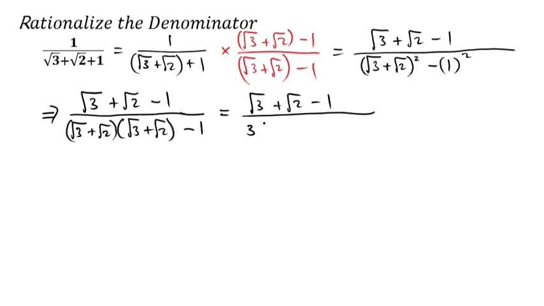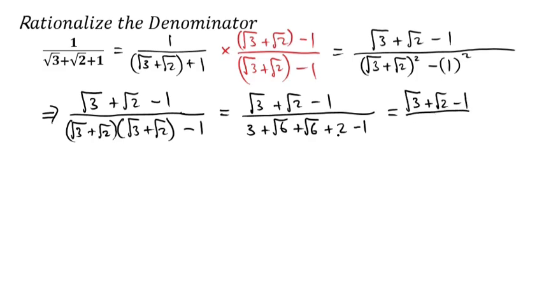Root 3 times root 2 is root 6. Root 2 times root 3 is root 6. And root 2 times root 2 is 2. There's a minus 1.